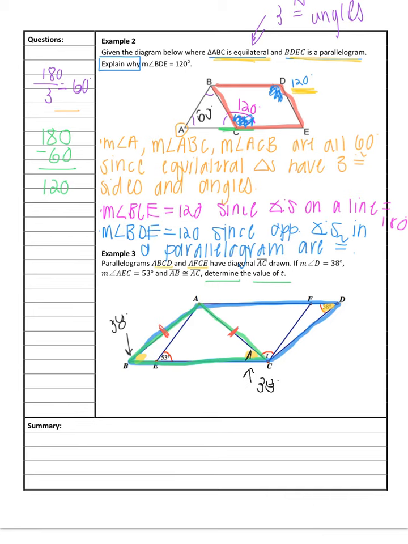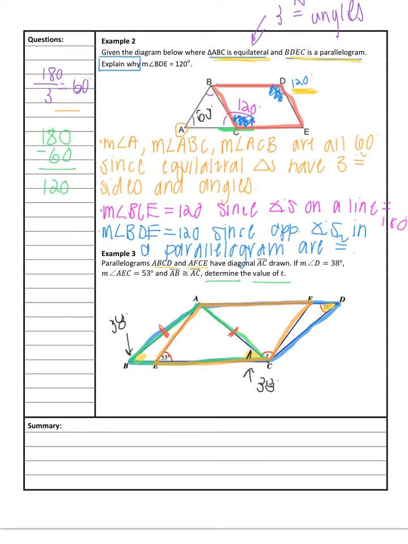Now there was another parallelogram that the question told us about. The question said AFCE was also a parallelogram. So if I follow those letters, AFCE, that's another parallelogram. And that green line, A to C, is a diagonal in that parallelogram.